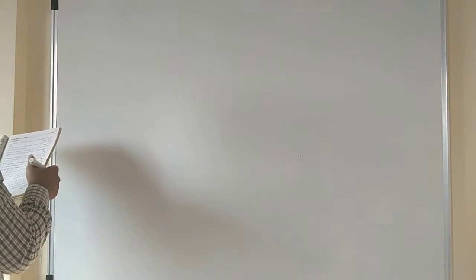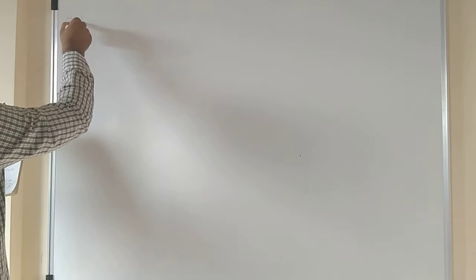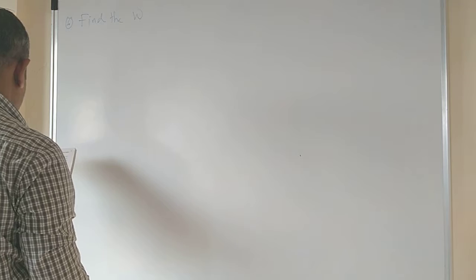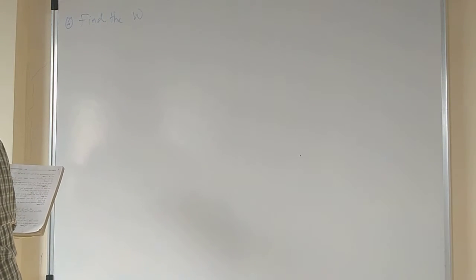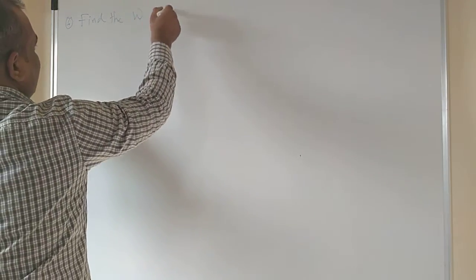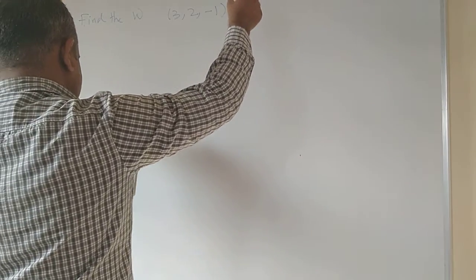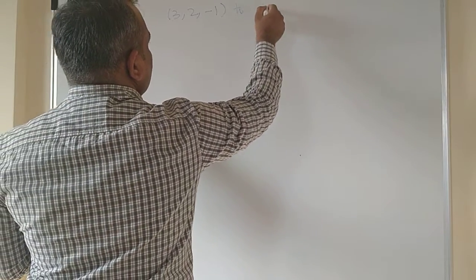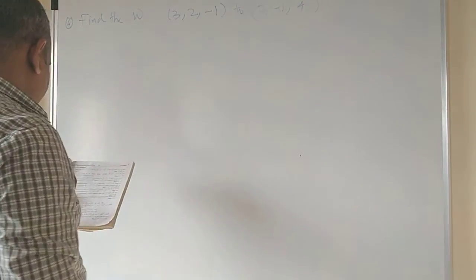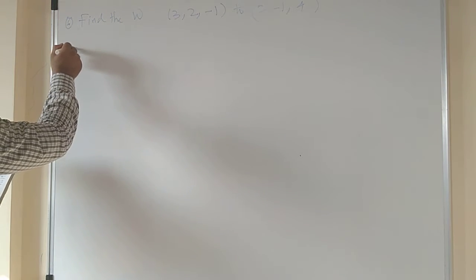Next problem is: find the work done in moving an object along the straight line from the points (3, 2, -1) to (2, -1, 4) in a force field given by F bar.